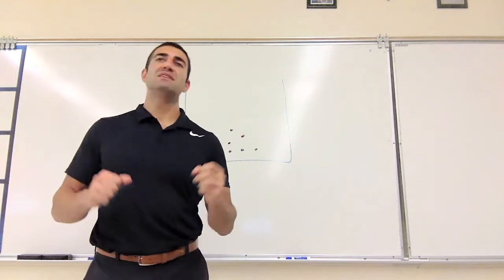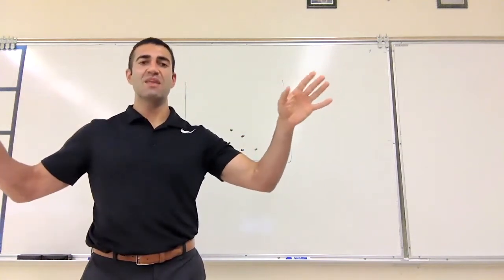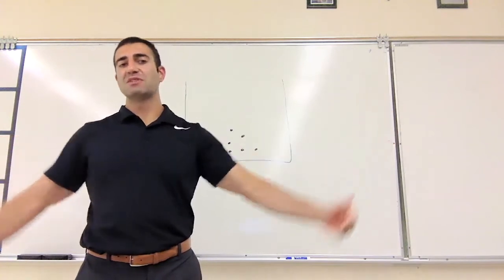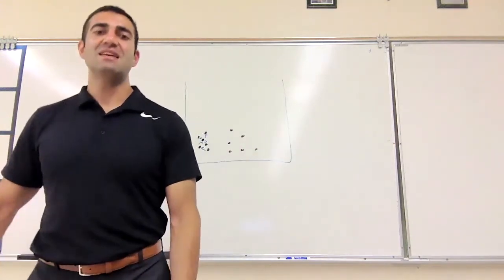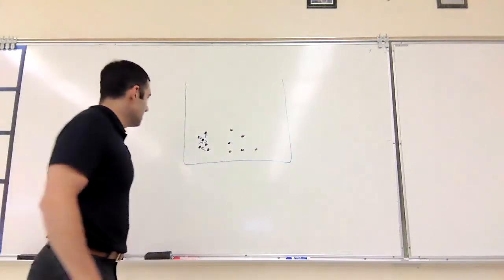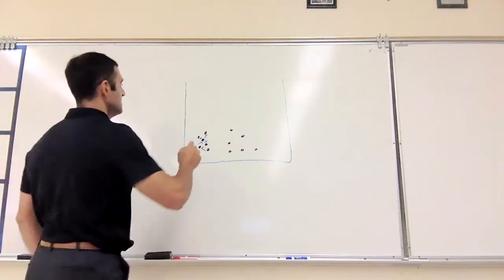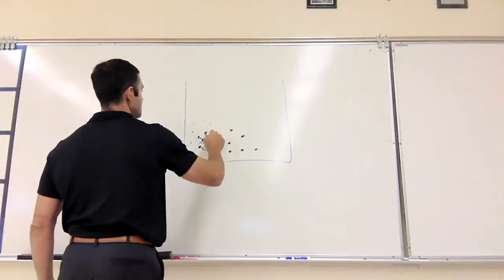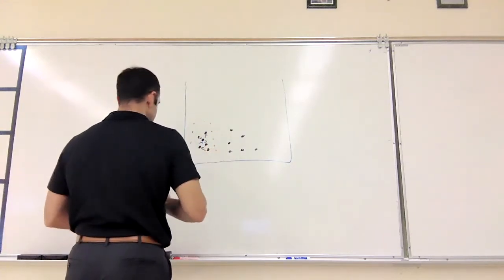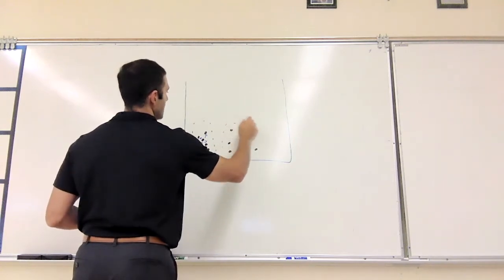What's going to happen is, if I bunch you all up, you're going to be pushing each other constantly, then you're going to space out as much as possible. That's exactly what happens here. These solutes are going to keep on hitting each other until they become equal throughout the container.